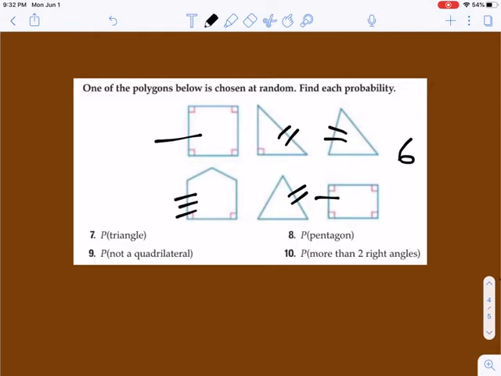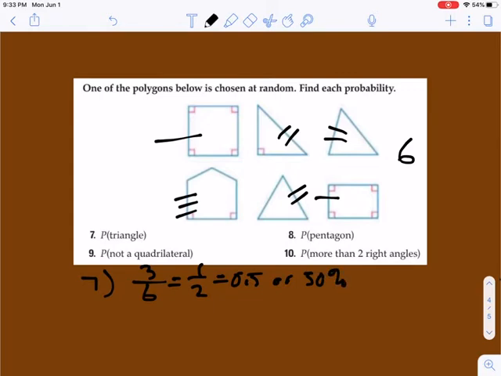All right, so 7. What is the probability of getting a triangle? Well, there's 3 possibilities that it could be a triangle, right? Out of a total of 6 possibilities. All right, so 3 out of 6 simplifies to 1 out of 2, and then that would be 0.5 or 50%.